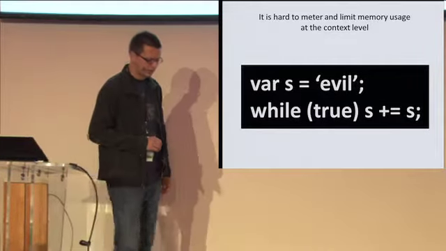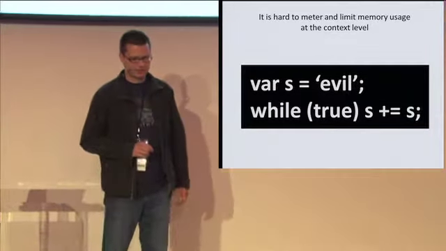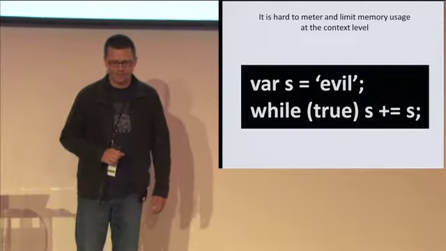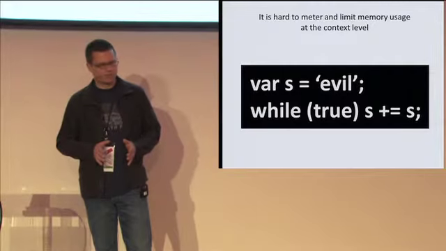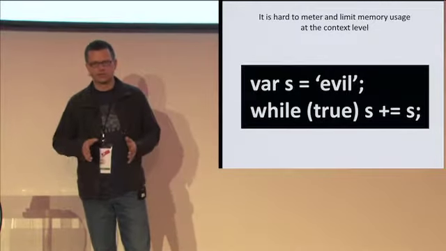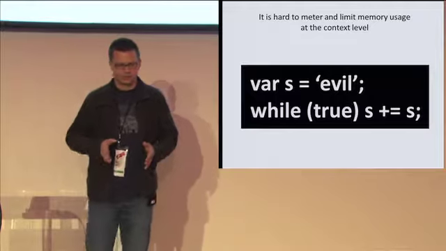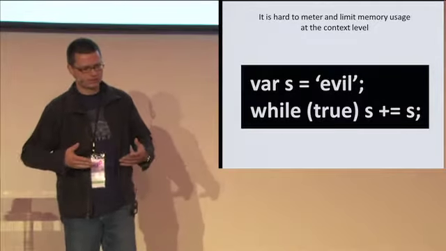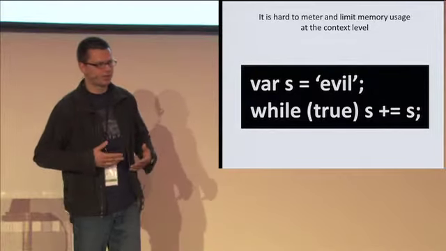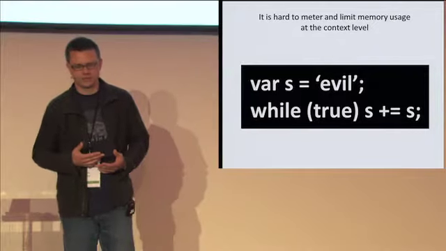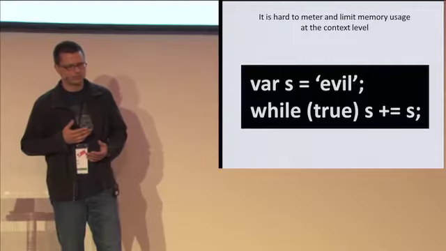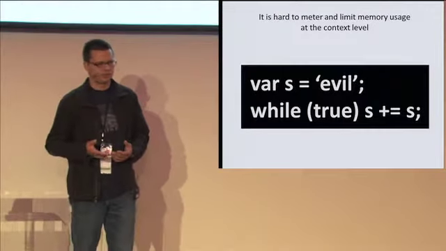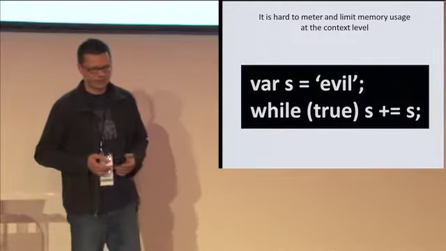Another problem with the context-based approach is limiting memory consumption. Running several applications using different contexts on the same V8 isolate implies that all these apps are allocating memory from the same heap managed by a single instance of the JavaScript engine. So a program like that would effectively result in ever increasing memory allocation.